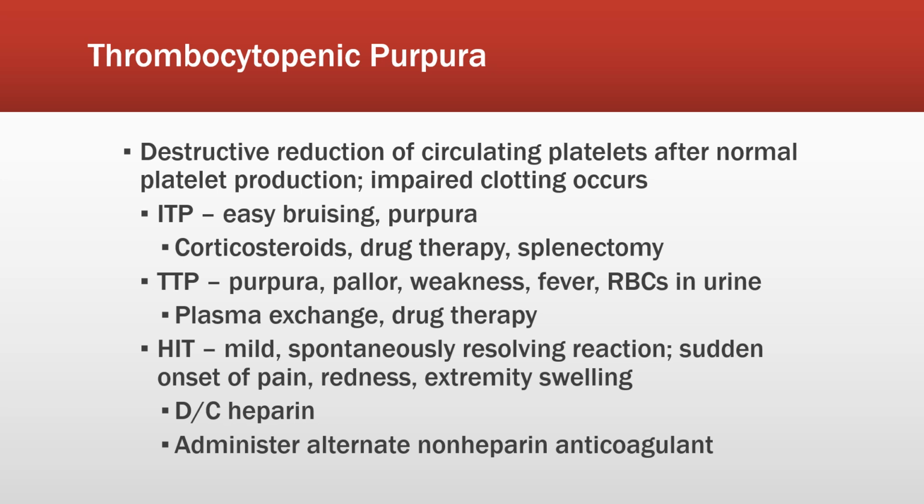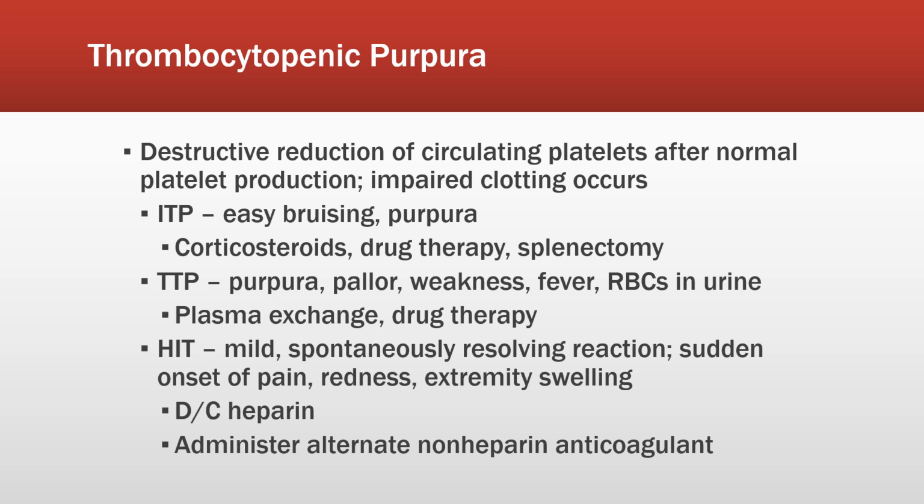And so this can result in severe hemorrhage. Risk factors for ITP: female between the ages of 20 and 50. Some medications can cause ITP, some viruses, HIV or Hep C, or some other autoimmune disorders.